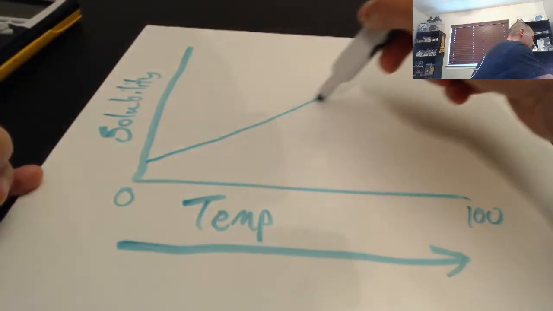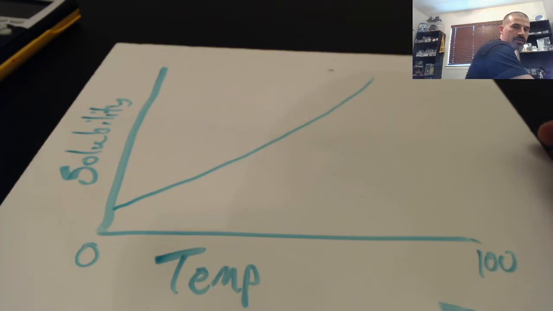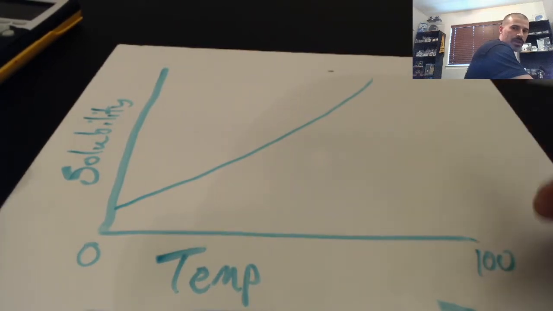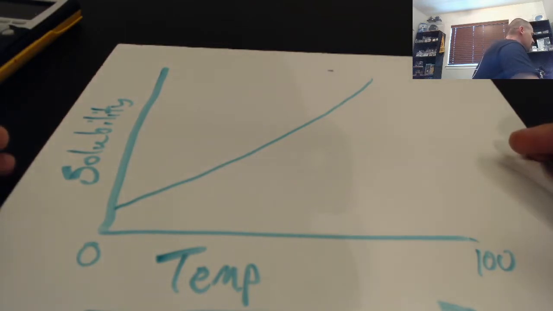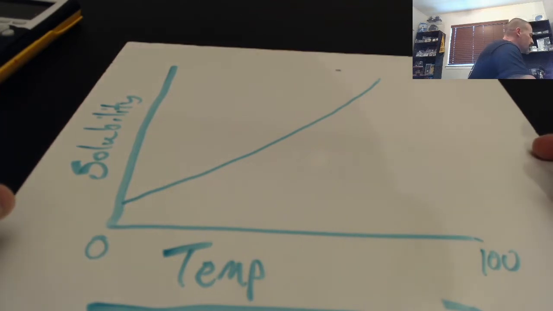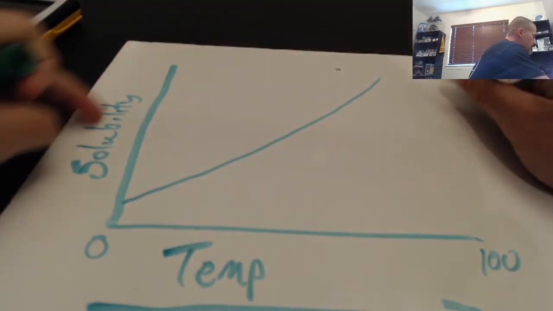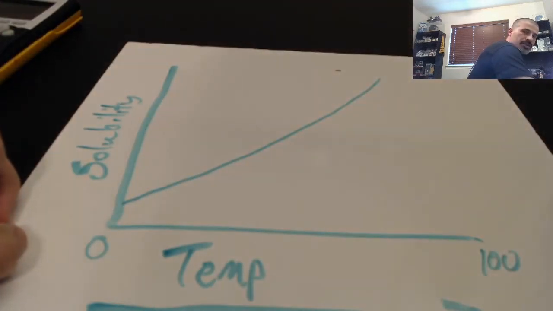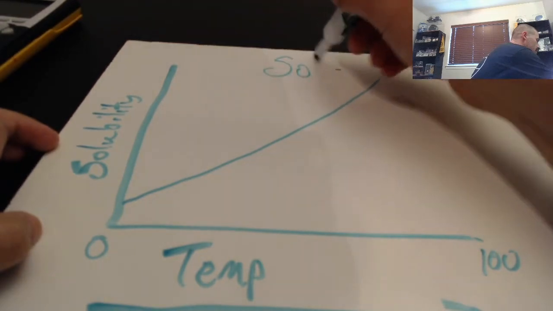But generally speaking, this is what a solubility curve of a solid should look like. Of course the line will vary from substance to substance, and there are some solids that actually would go down, but very generally speaking, this is what we're talking about. The solubility increases as the temperature increases. This would be for a solid.